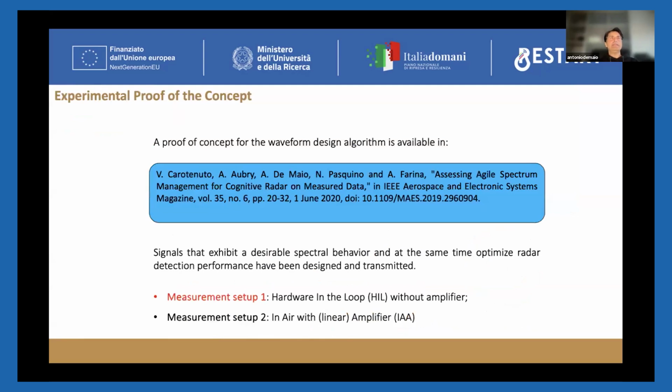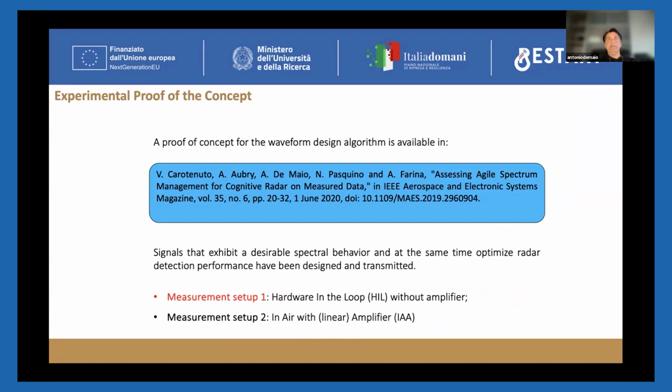Well, it is now time to go through the experimental analysis. A proof of the concept for spectrally compatible waveform can be found in the paper, which is reported in the blue box of this slide.